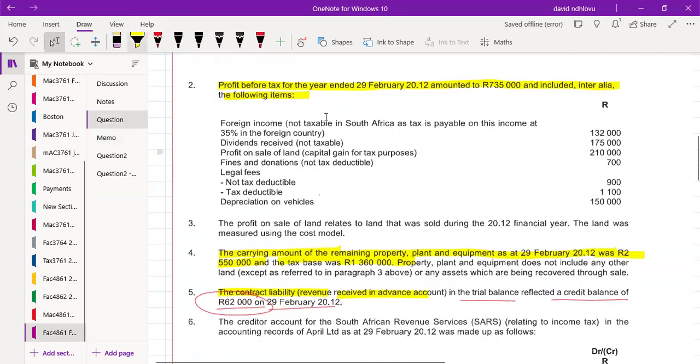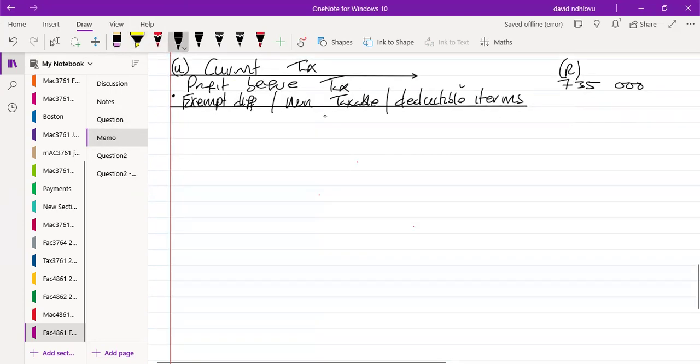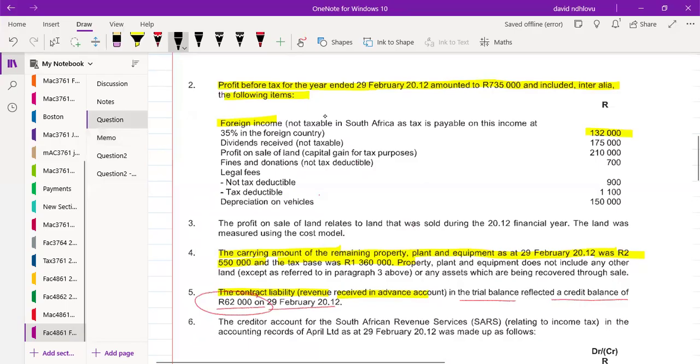Right, so we then have our exempt difference. Foreign income is an exempt difference 132. You must include here the gross amount. The gross amount is the total amount before deduction of any foreign tax paid. Remember, you're paying foreign tax of 35.